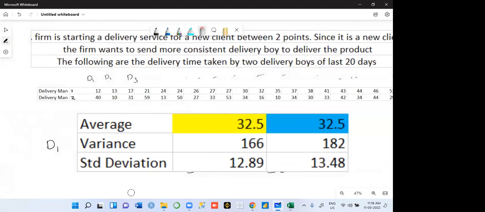Variance coming for me is 166 and standard deviation is 12.89. This is the square root. This is for delivery boy 1 and this is for B2. Now the way of reading, can I say 166 minutes are required to deliver the food?